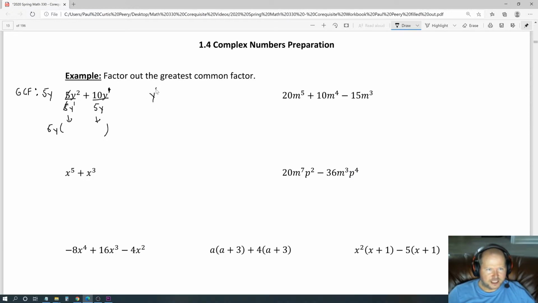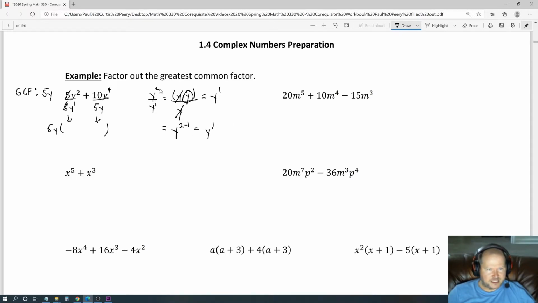This should make sense: y squared divided by y to the first power is the same as y times y over y, and these two cancel out, leaving you with y to the first power. So the rule is 2 minus 1 equals 1.